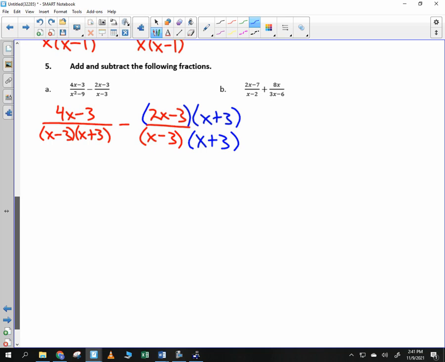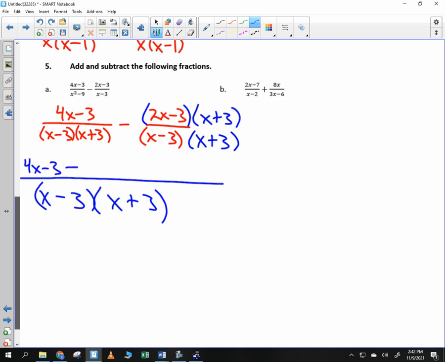This is going to be a little bit involved. I have in the denominator x minus 3 times x plus 3. And in the numerator, I have 4x minus 3 minus, and I'm going to subtract all this stuff that gets multiplied out.